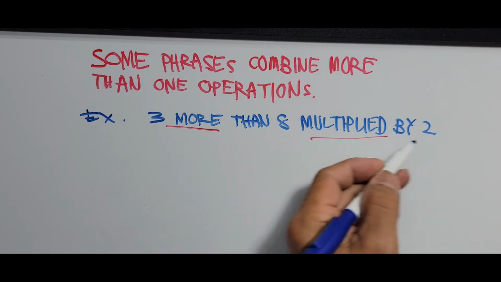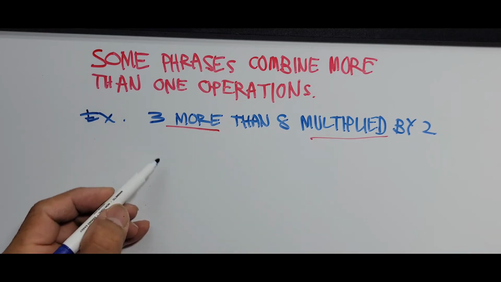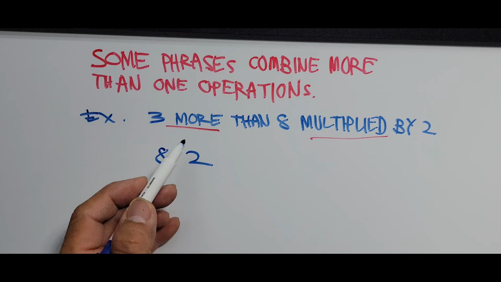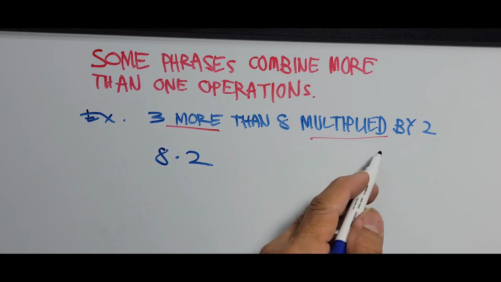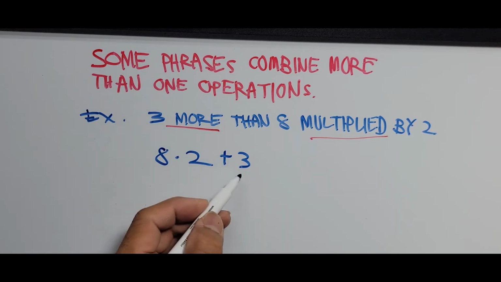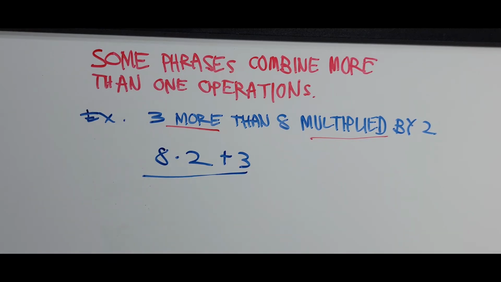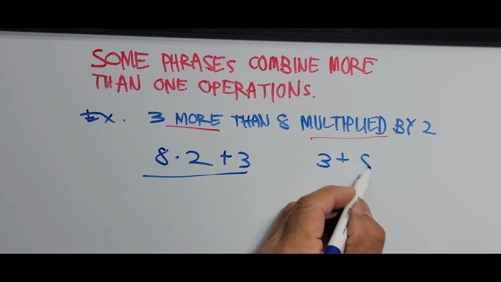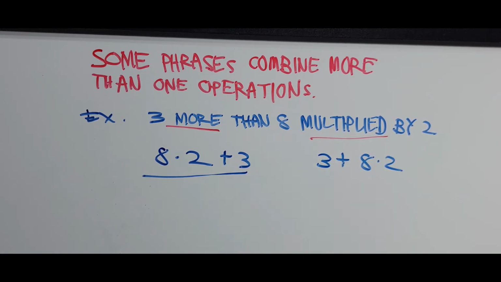It's really clear already that 8 is multiplied by 2. So 8 times 2. And 3 more than this. So just add 3, right? You can also reverse that. You can put 3 plus 8 times 2. It will be just the same, 3 more than 8 multiplied by 2. That's the commutative property of addition.